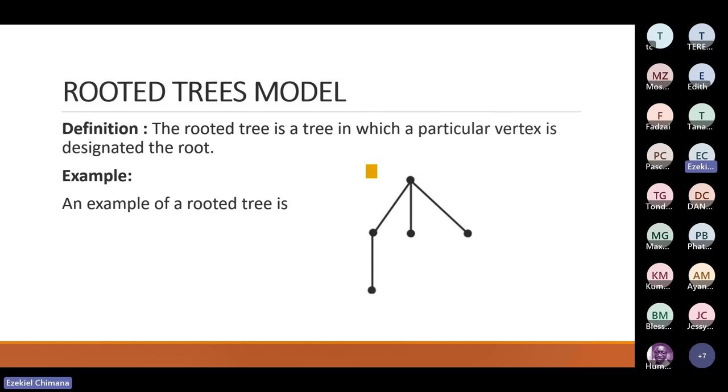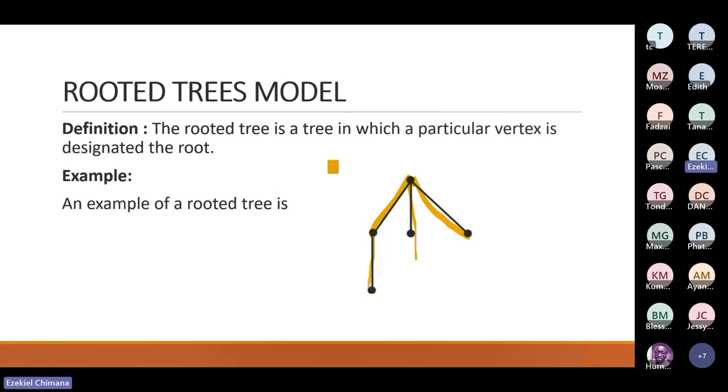A rooted tree is a tree in which a particular vertex is designated the root. So you'll have a vertex which will be called the root. Once you have such a tree, that is what we call a rooted tree. Like here, you might have this one as our root. So you end up having the children of the root.